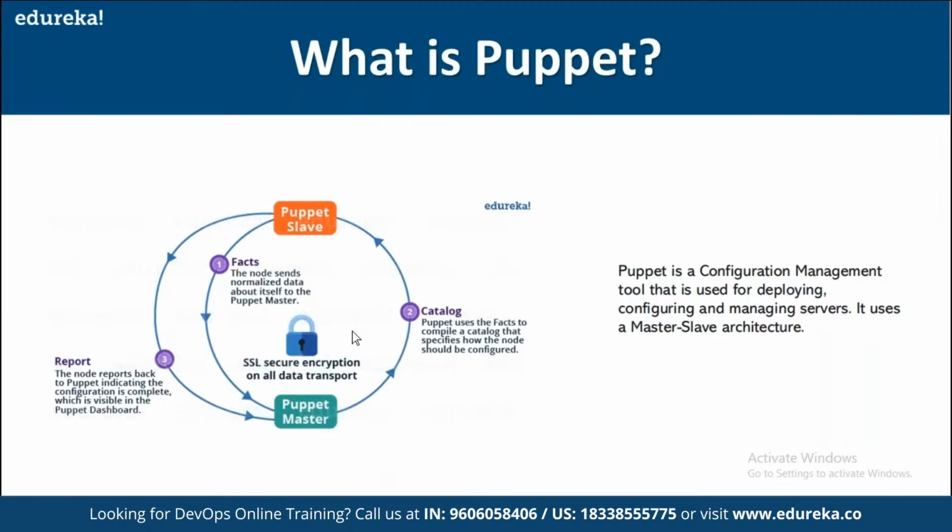Let's say you want to create a file on your slave. You write the code here, Puppet will pull the code every 30 minutes, and that file will get created. These slaves can be from 100 servers to 200 servers. On all the servers, the file will get created. One single code you write here on the master machine.